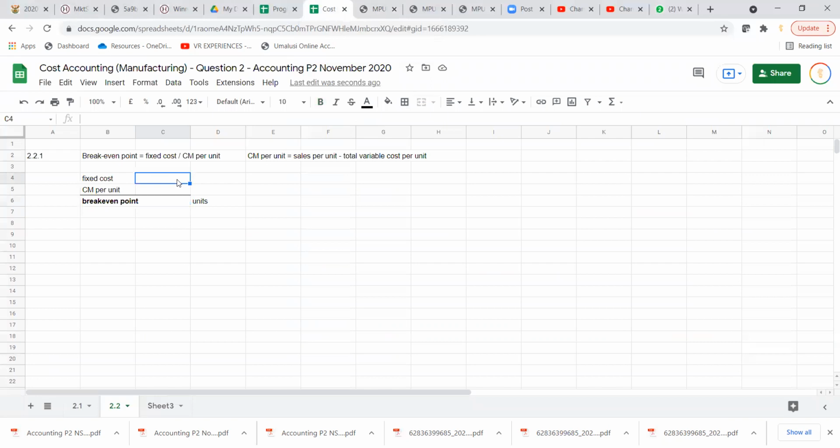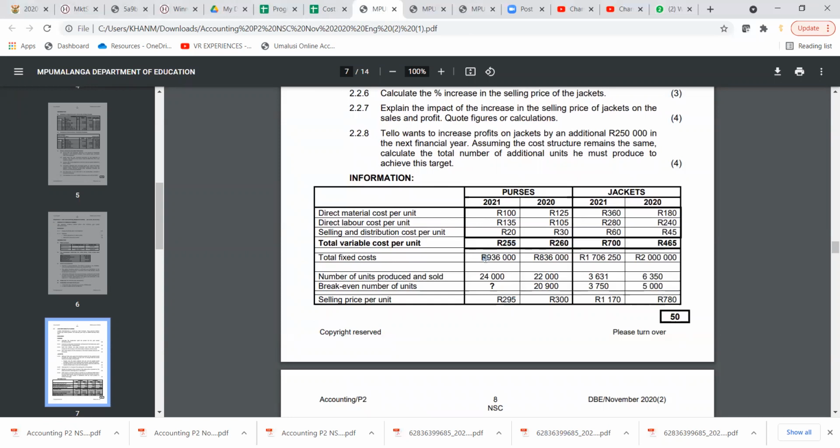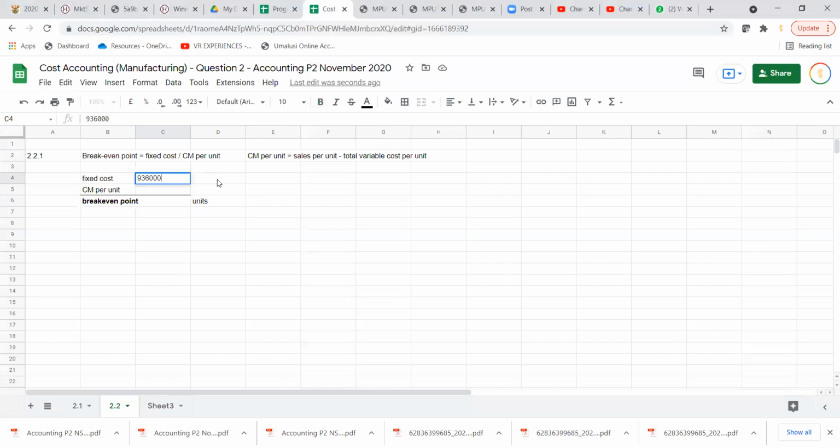So fixed cost was given, 936, 123. So there you can see fixed cost was given, 936. So here we will just say given.